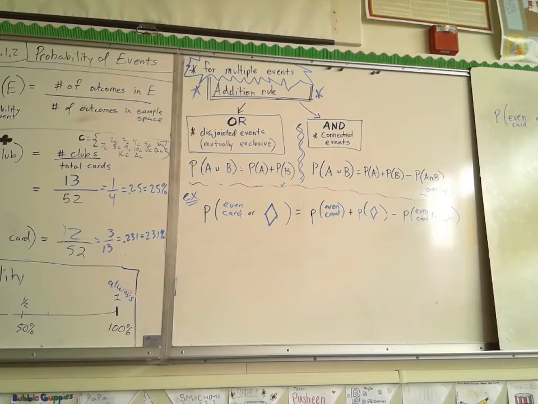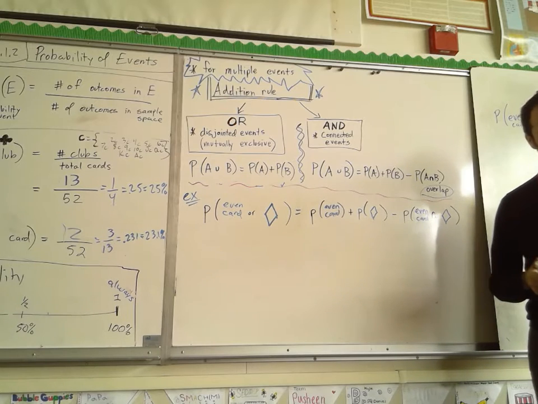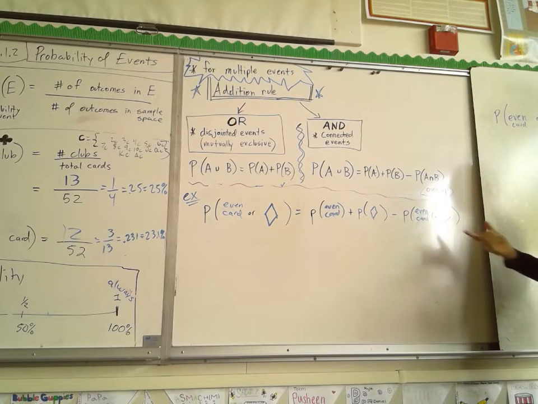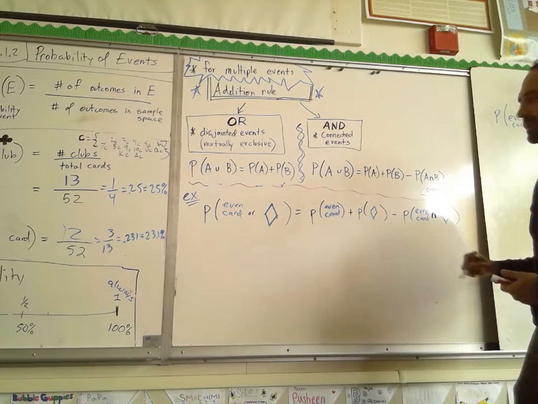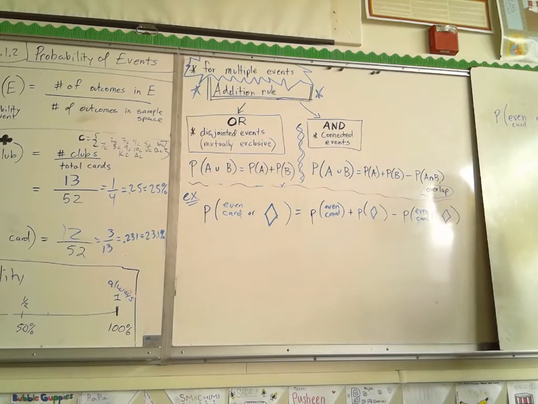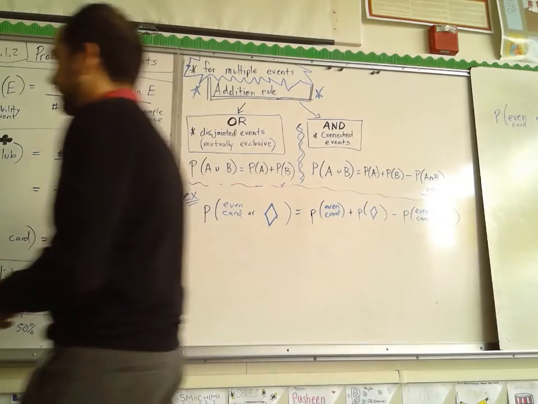What do you think now, Isaac? I thought you meant excluding the intersection, even diamonds. Right, excluding even diamonds. That's actually the big picture. You were answering the big picture before the small question, so you're ahead of us, that's always good. The probability of even plus the probability of drawing a diamond. Let's see what we get.